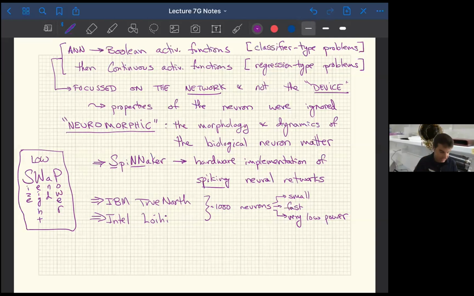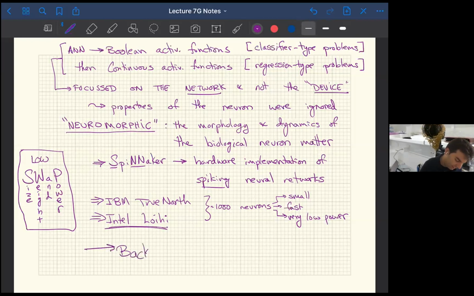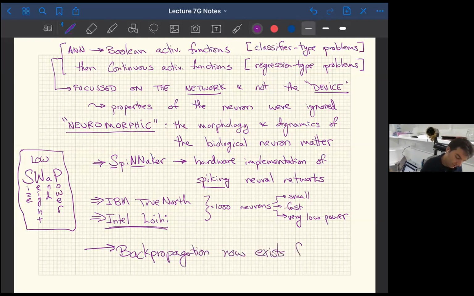And so that's this, like Loihi is extremely low weight in terms of, well, I guess it's low power, so it has a lot of benefits there. And as people are moving more and more into this, then actually not that long ago, maybe like a year ago, things like backpropagation now exist for these architectures for spiking neural networks.